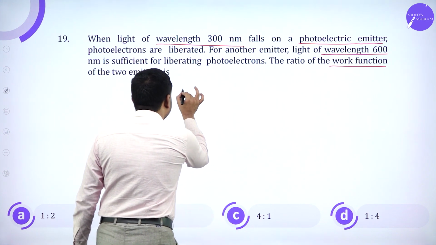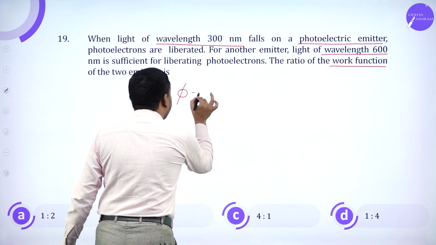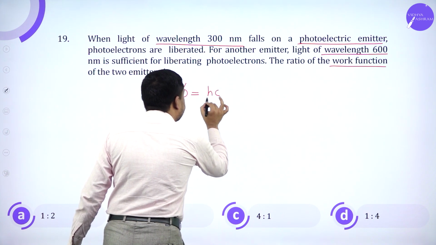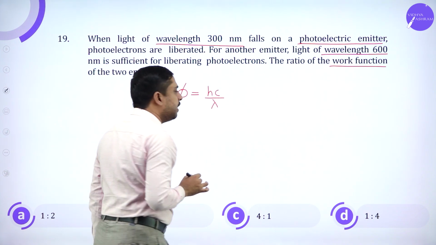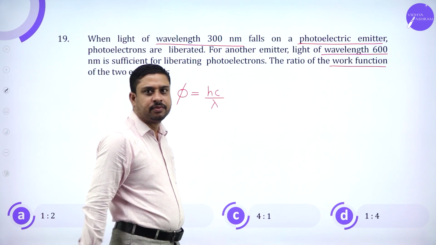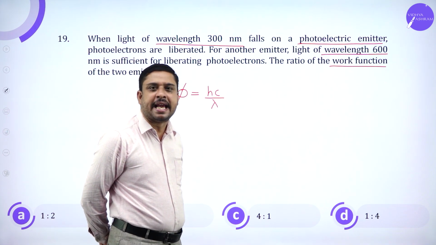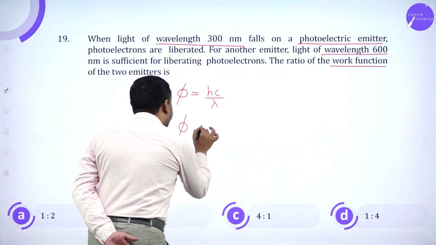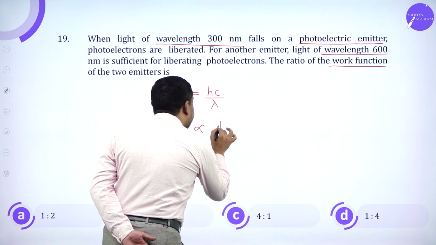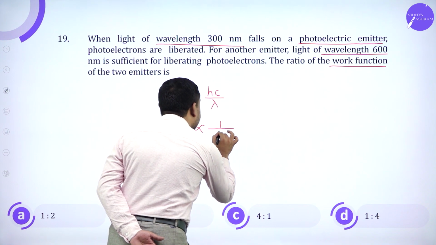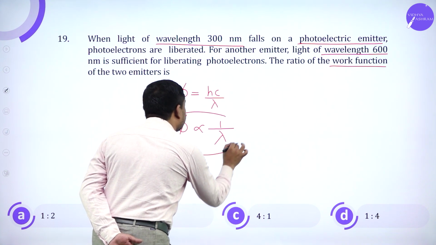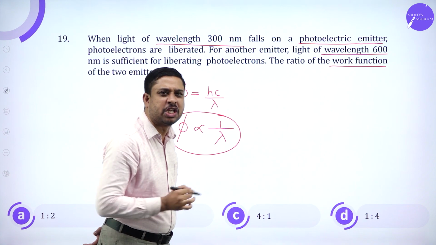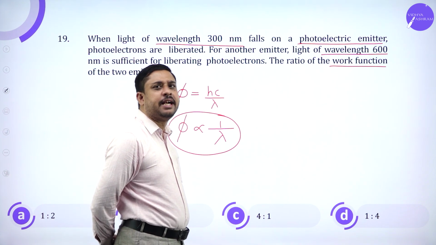We all know work function is hc divided by lambda. Phi is hc divided by lambda, which means phi is inversely proportional to wavelength. Please know this relation. Shortcuts are very important.